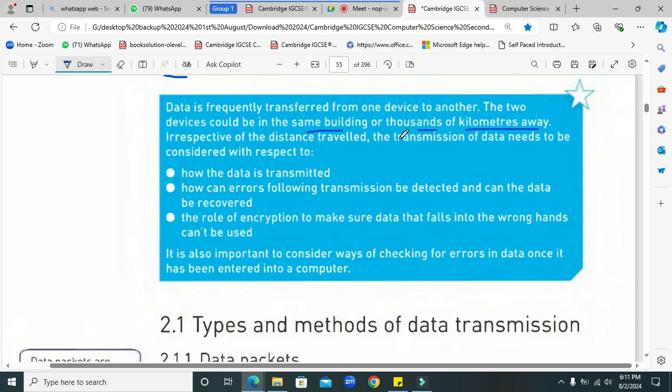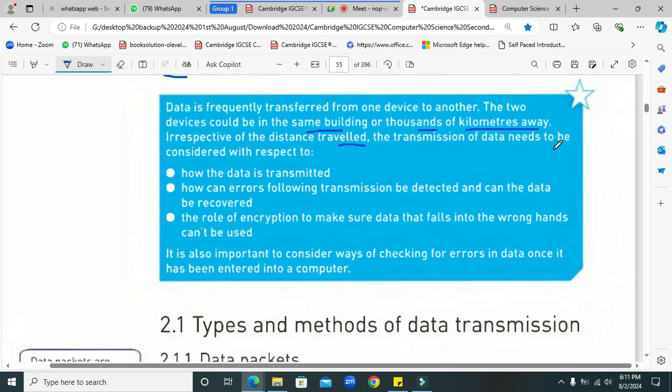For example, a remote location. We are sitting in the same city, maybe you are in a different city, and we are still able to communicate with each other. We are sending and receiving files like quizzes and presentations, irrespective of the distance traveled.